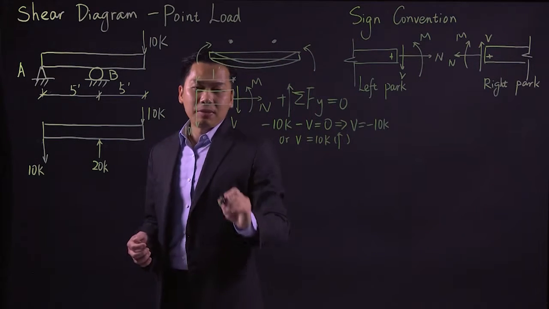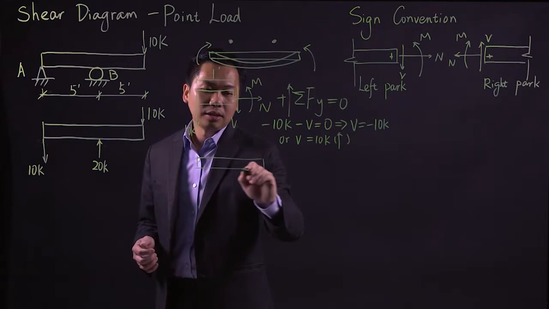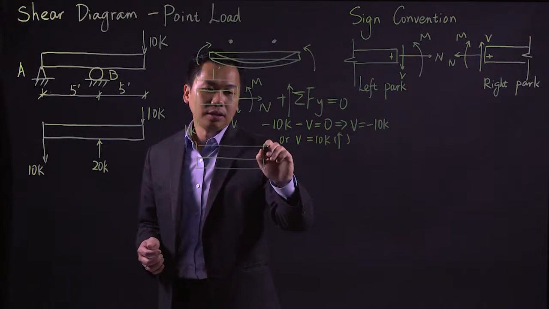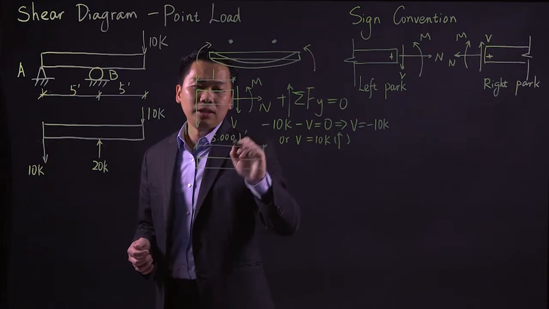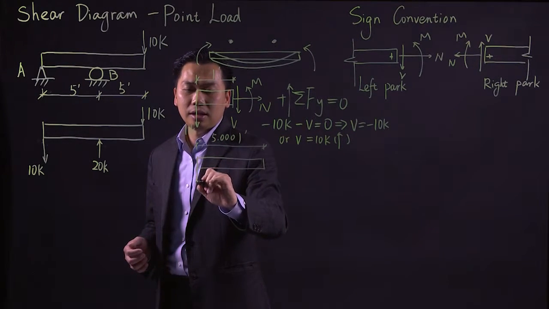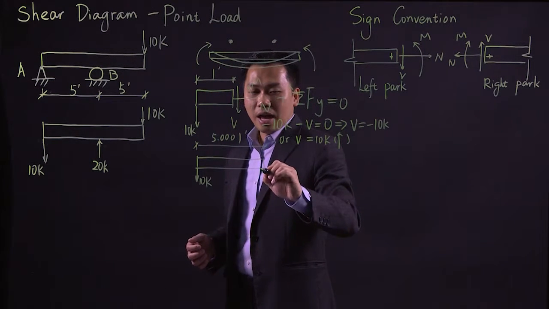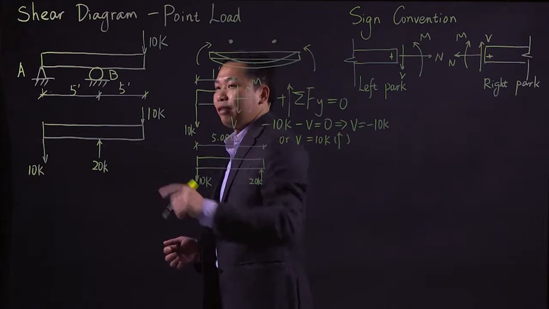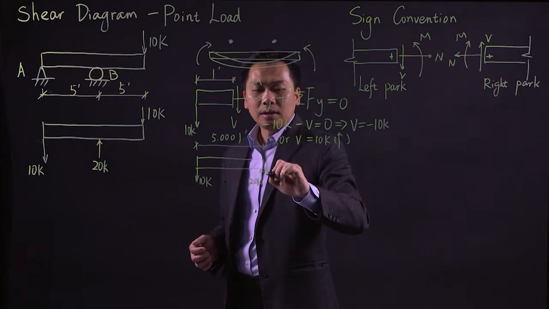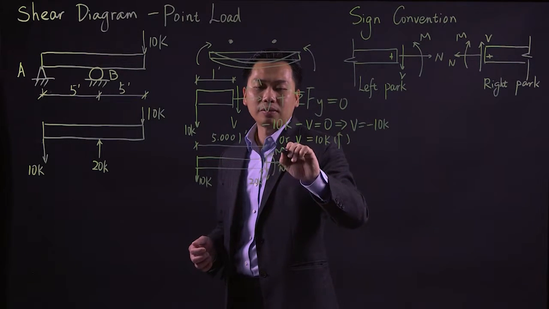All right, we can do the same thing. Now this time, we're going to cut it at 5.001 feet. Same thing, 10 kips going downward, and we're going to have our 20 kips because we passed that 5 foot point. We're going to have our shear, axial, and moment.